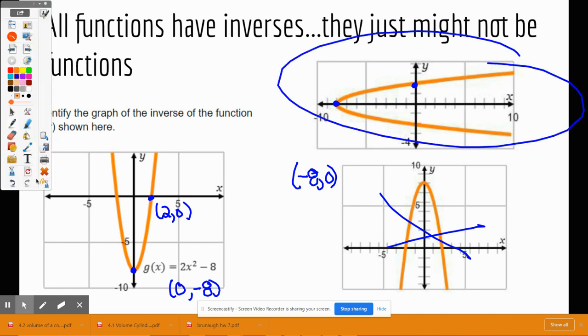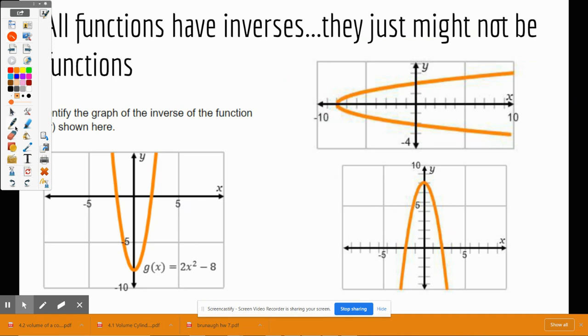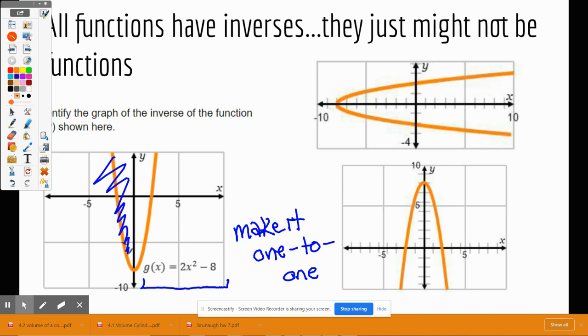So what we like to do to make the inverse a function is look at this graph, 2x squared minus 8. We'd like to make it 1-to-1. How can you make a function 1-to-1 if it's not 1-to-1? You can say, hey, just look at half of it. Pretend this half isn't here.